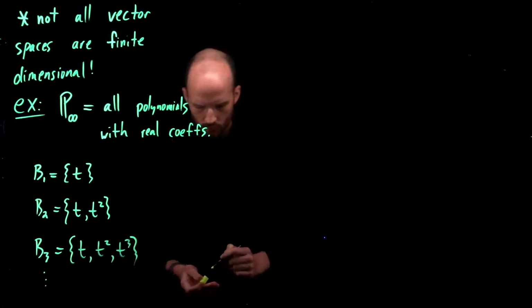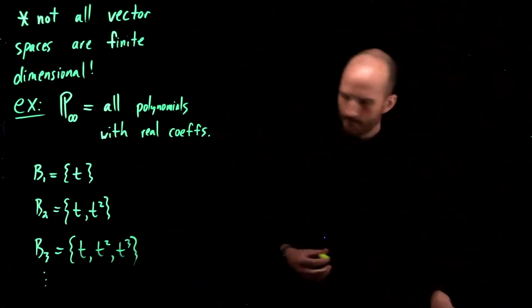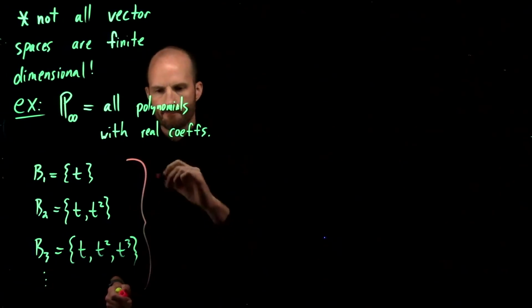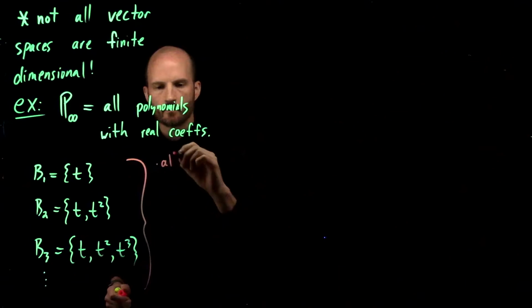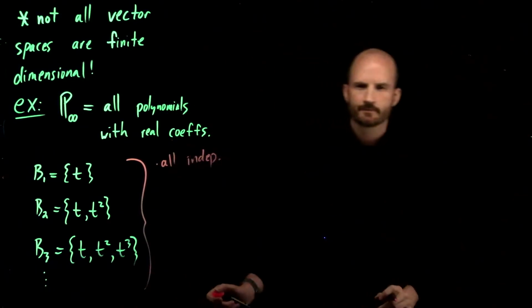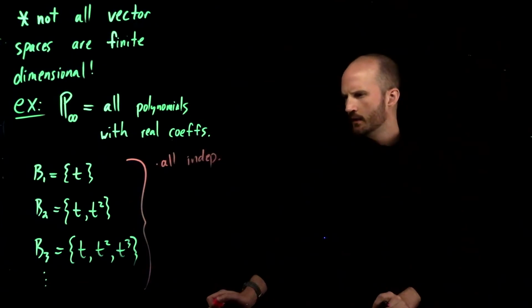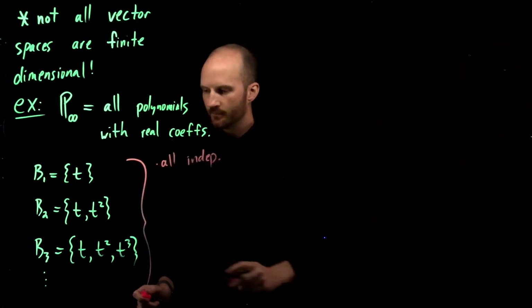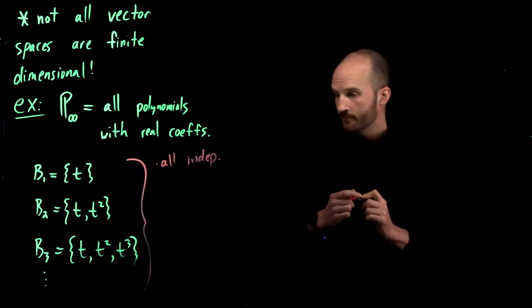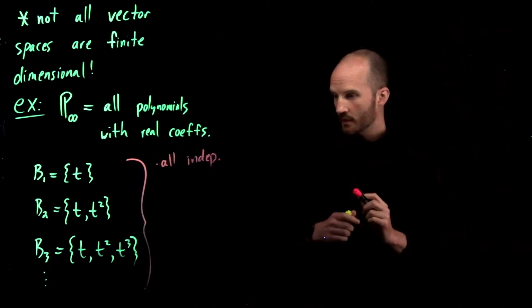Now, what is the point? The point is, these are all independent sets. So in P infinity, you have an independent set of any size you want.